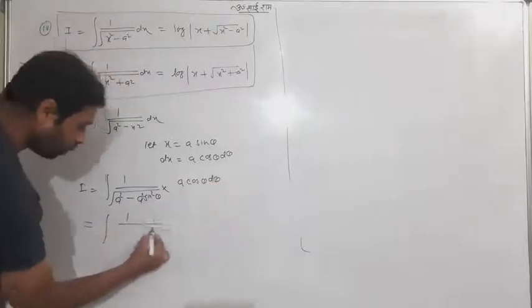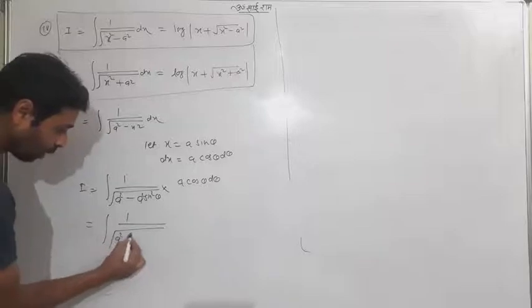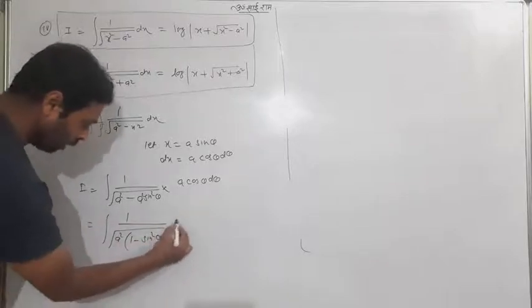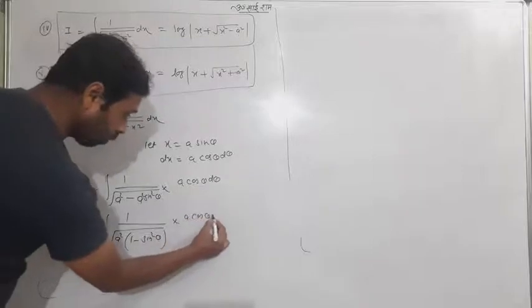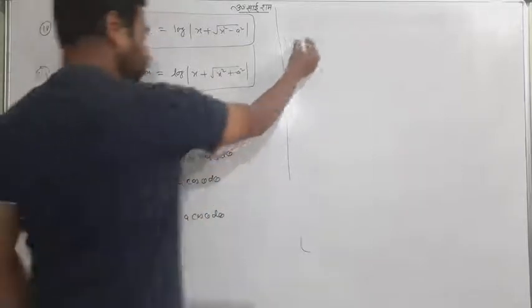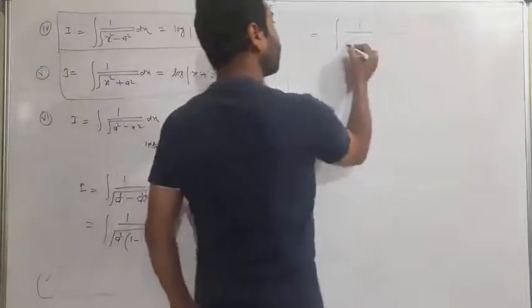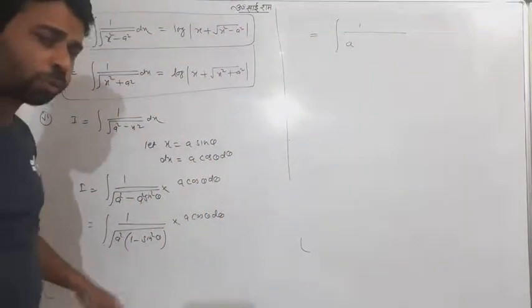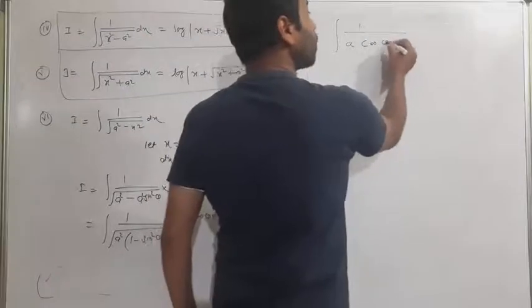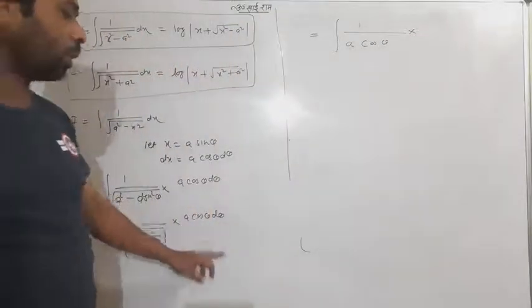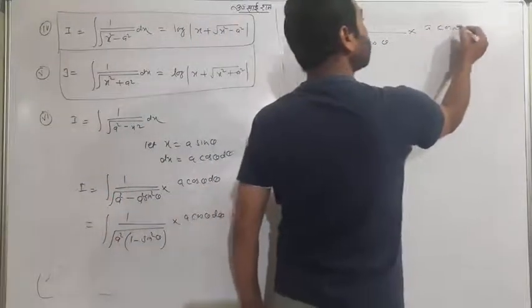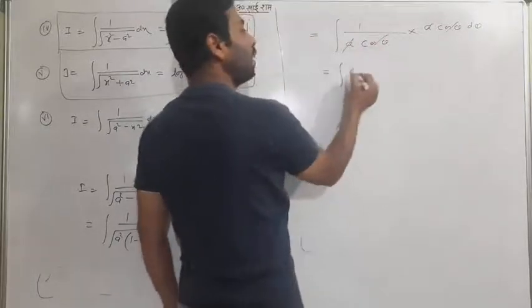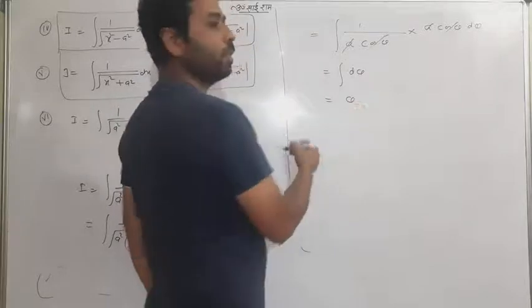Now 1 upon a square will come out. The answer is 1 minus sine square theta and a cos theta d theta. Now 1 minus sine square theta is cos square theta, meaning cos theta, and here it is a cos theta d theta. Cos and cos cancel, a and a cancel, so you have just theta and the answer is theta plus c.